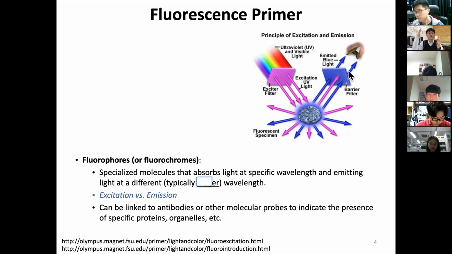So you see a black sky, and there's a blue thing with this shape coming into your eye. That's the start, and that's the principle of excitation light and emission light. The point is their wavelength. Their energies are now different.